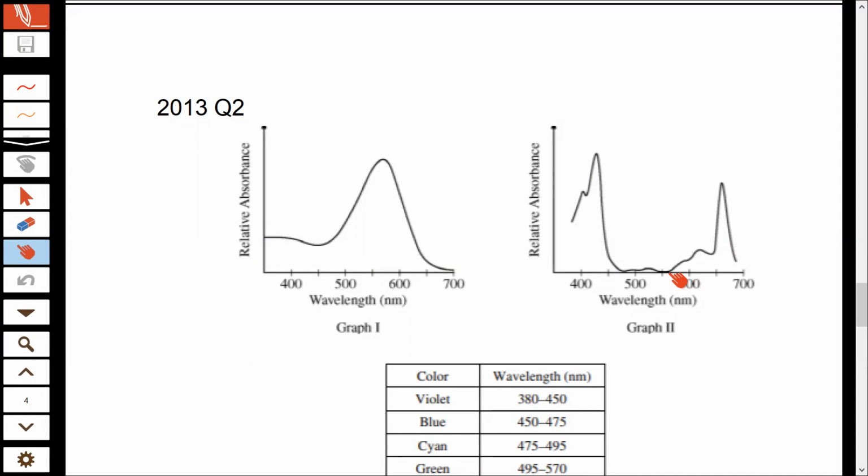And so that's what they want. They also said they would actually accept just being told that 430 and 650 have a much higher absorbance and a much higher rate of photosynthesis than 550.